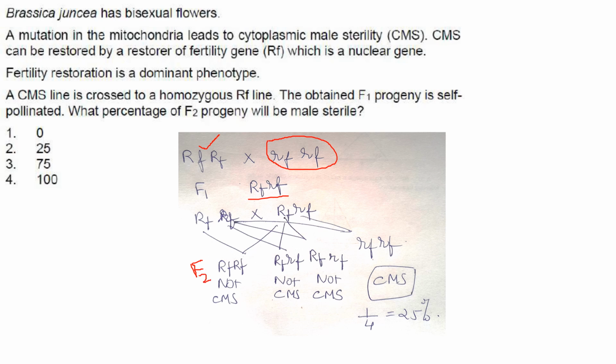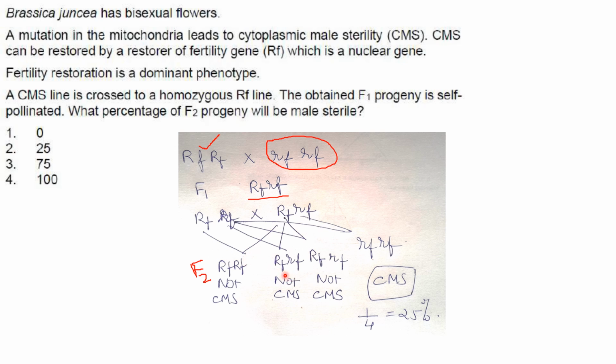What percentage of F2 progeny will be male sterile, which will be CMS? Now if you cross these F1 progeny, you will get RF RF, which is not CMS because it is capital RF.